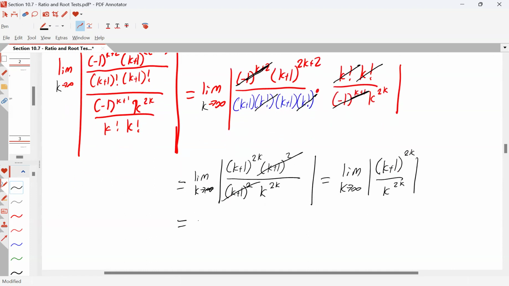Some rewriting gives us that this limit is k plus 1 over k, all to the 2k. Put that on the side. So our whole fraction is to the 2k since they both share the same exponent.